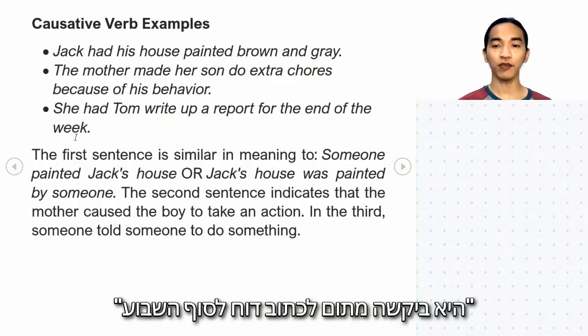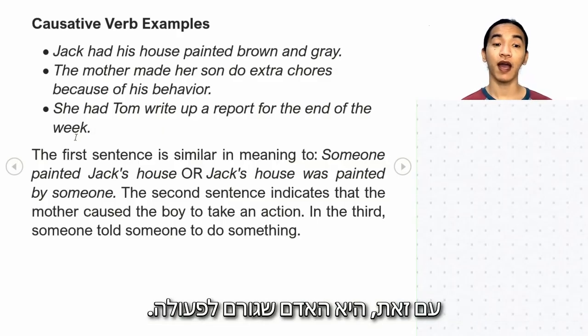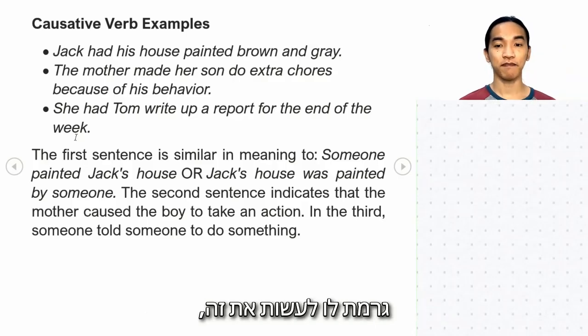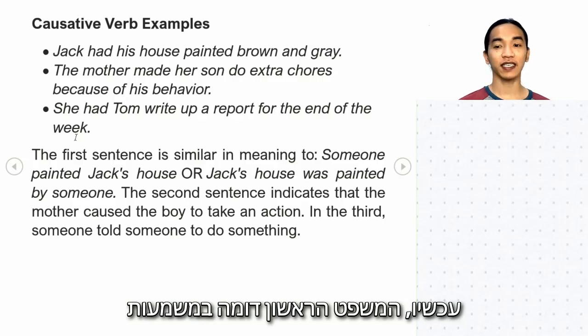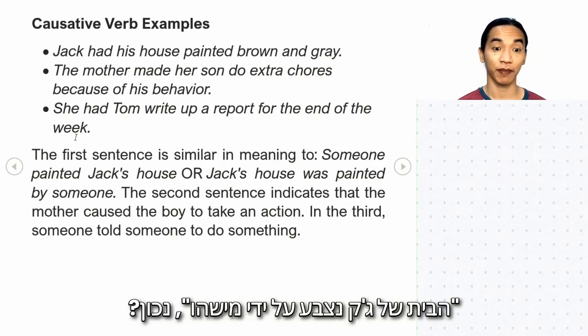Next sentence. She had Tom write up a report for the end of the week. So it means here there is a sense of requirement or responsibility or duty on the part of Tom. However, she, the person who causes the action, made him do that. Now, the first sentence is similar in meaning to someone painted Jack's house, or Jack's house was painted by someone.